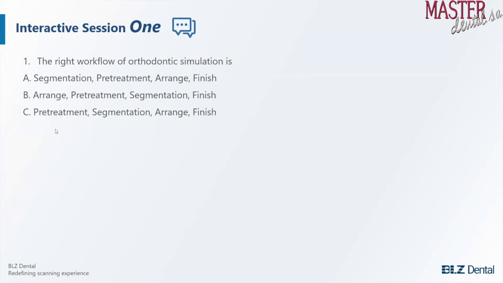Okay, C. So the first choice is segmentation, step 1, pre-treatment, step 2, arrange, step 3, and finish, of course, the last step. And the choice B is arrange, pre-treatment, segmentation, finish. And the C is pre-treatment, segmentation, arrange, finish.